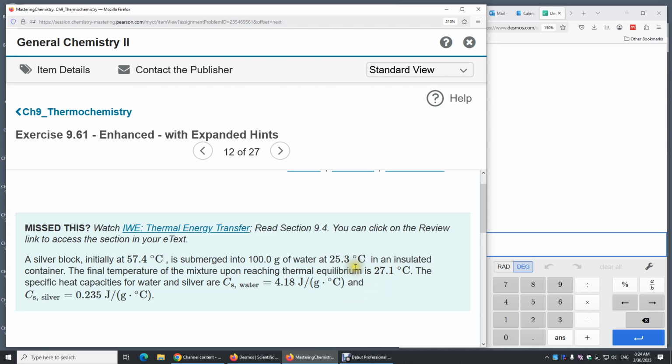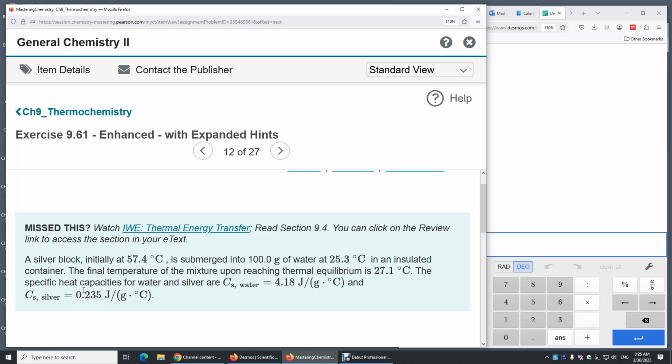That makes sense. You can see the temperature of water increases, the temperature of silver decreases. That's just because heat flows from silver to water. The specific heat capacities for water and silver are given here, 4.18, 0.235. You can see this value is nearly 20 times this value.